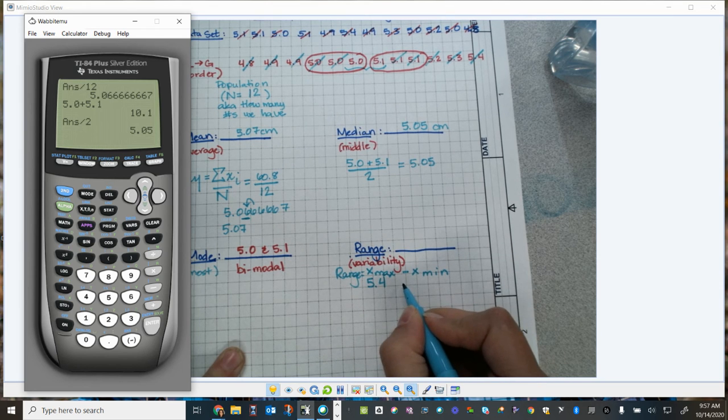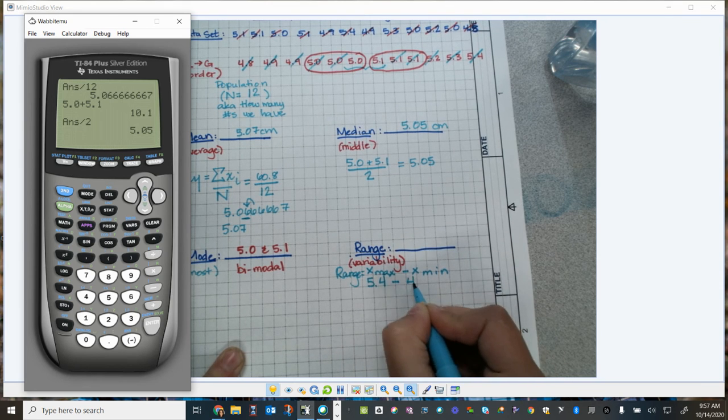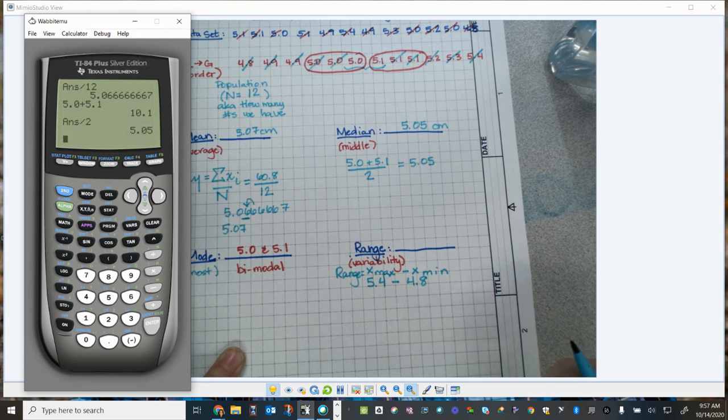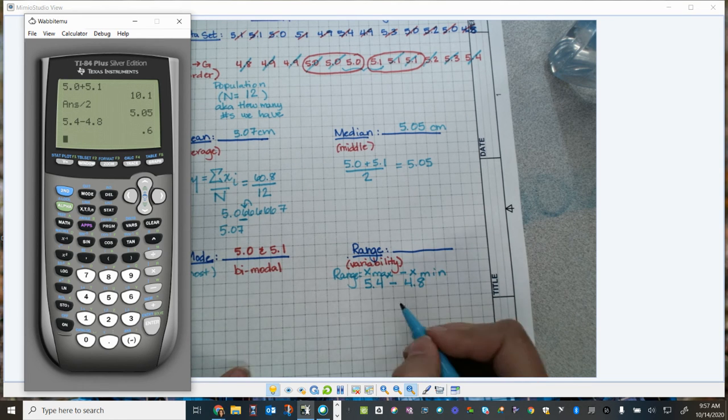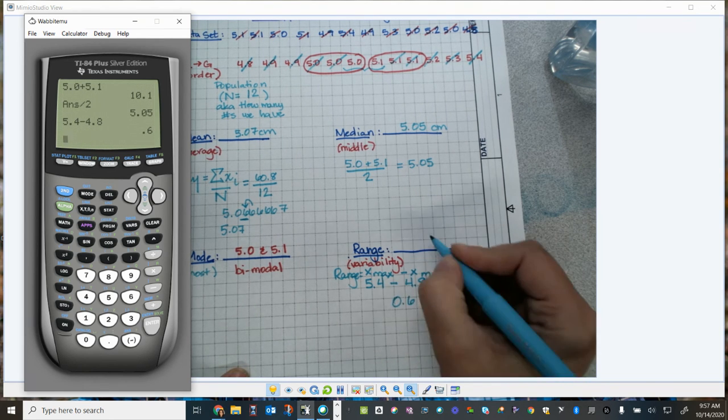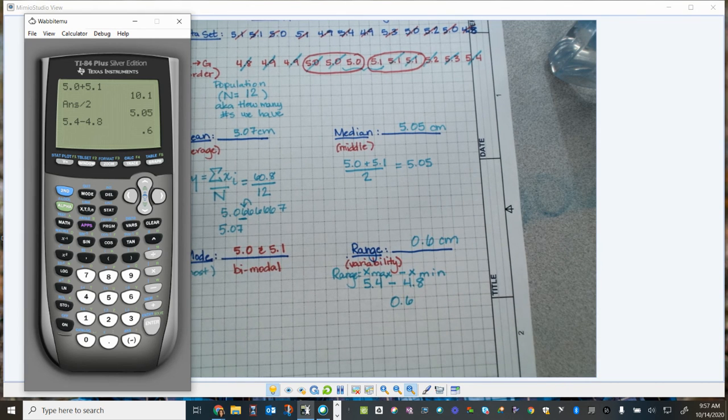So 5 4/10 minus our smallest value of 4 8/10 centimeters gives us a range, 5.4 minus 4.8, of 6/10 of a centimeter. That's quite a bit of variability between what it should be. That means all of our measurements are within a 6/10 of a centimeter range. That's kind of a significant difference when you're talking about toy manufacturing.